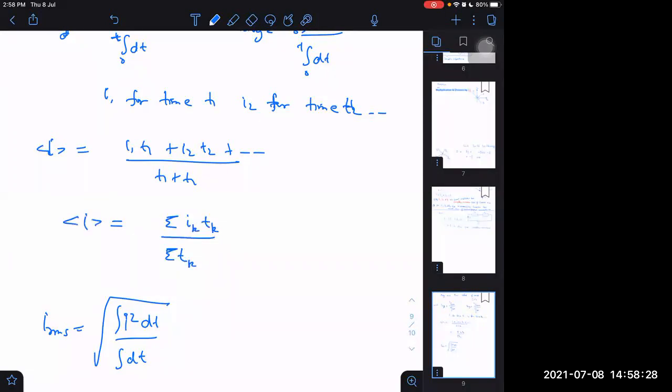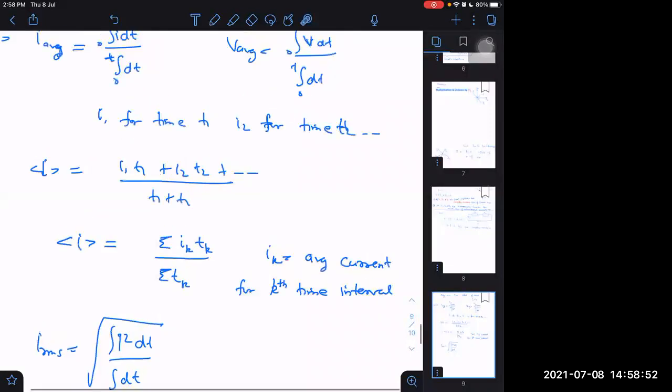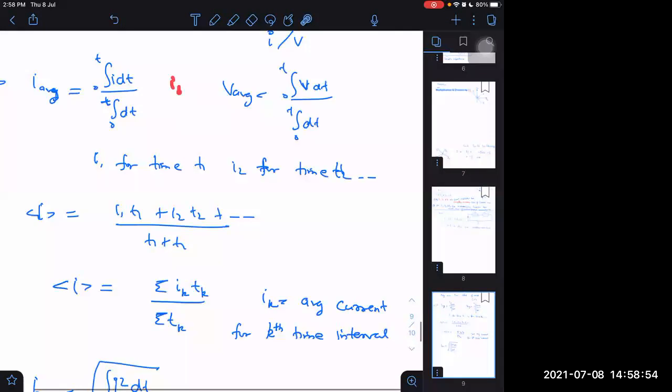This is the average value. What is Ik here? Ik is also an average current, but it is the average current for the kth time interval. Sometimes these may themselves be in terms of integrals, like the integral of I dt from 0 to tk.